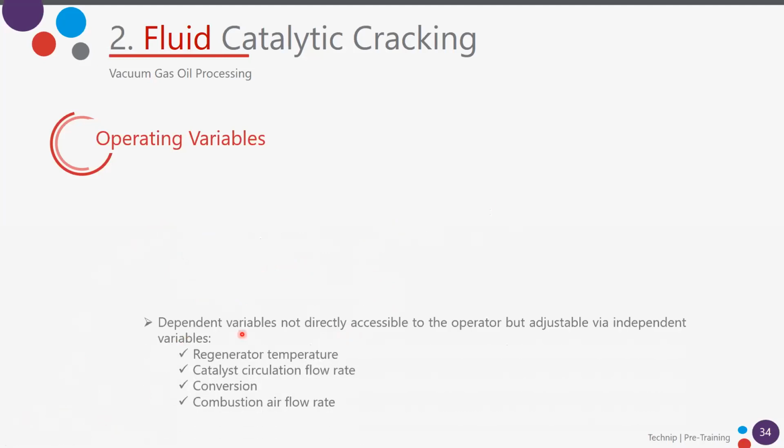The dependent variables are not directly accessible to the operator but are adjustable via independent variables. We have the regenerator temperature, as we have seen, the catalyst circulation flow rate, the conversion, and the combustion airflow rate, okay?